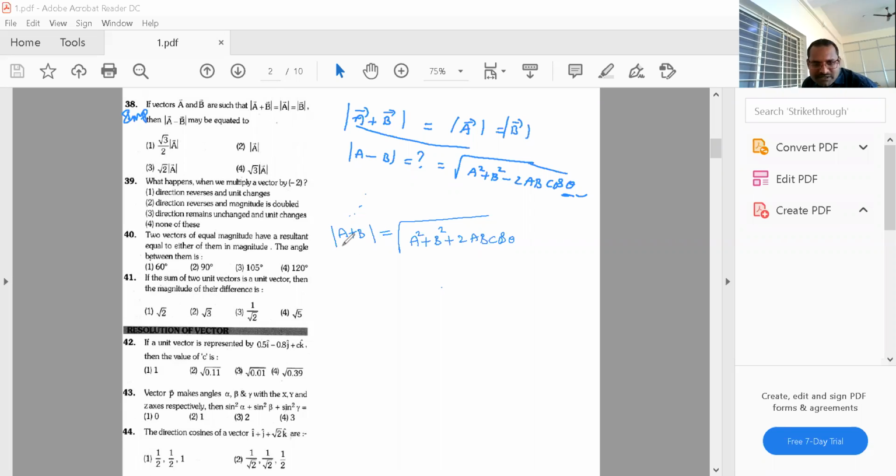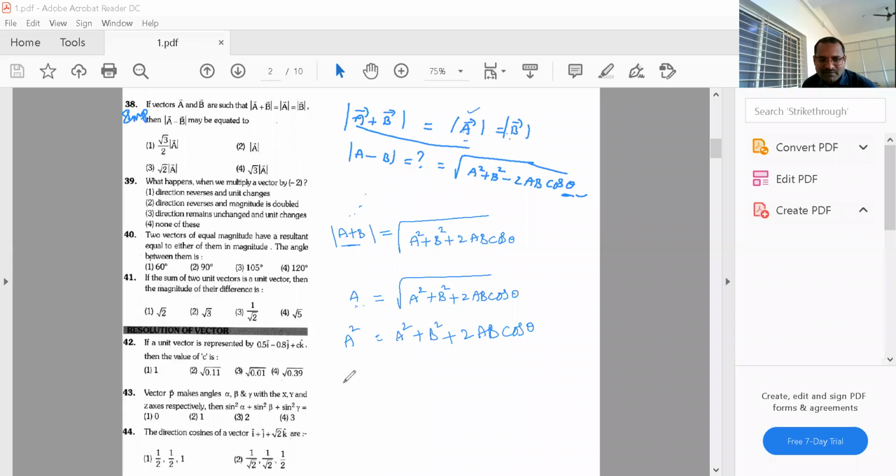And they are saying that modulus of a plus b is equal to modulus of a, so a will be equal to under root of a square plus b square plus 2ab cos theta. We can take a or b here because they said equal to both. This is equal to a, so this becomes a square is equal to a square plus b square plus 2ab cos theta.